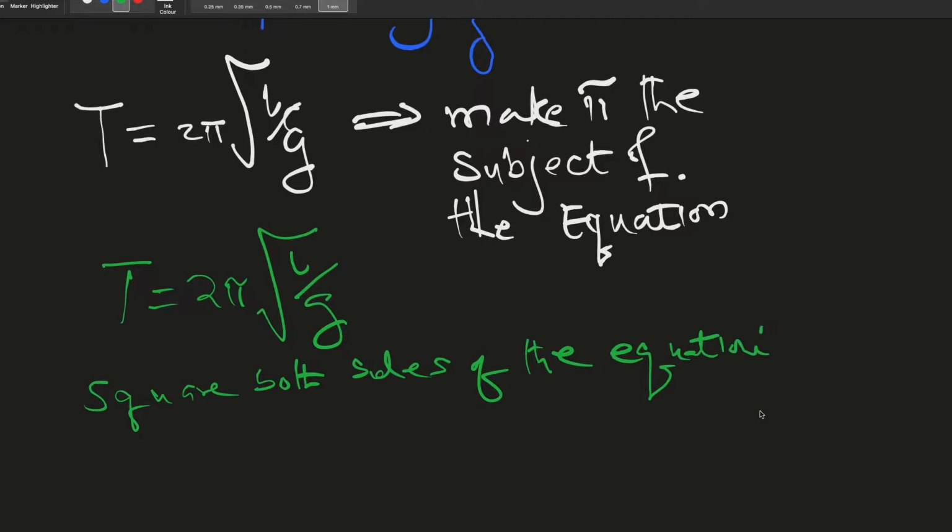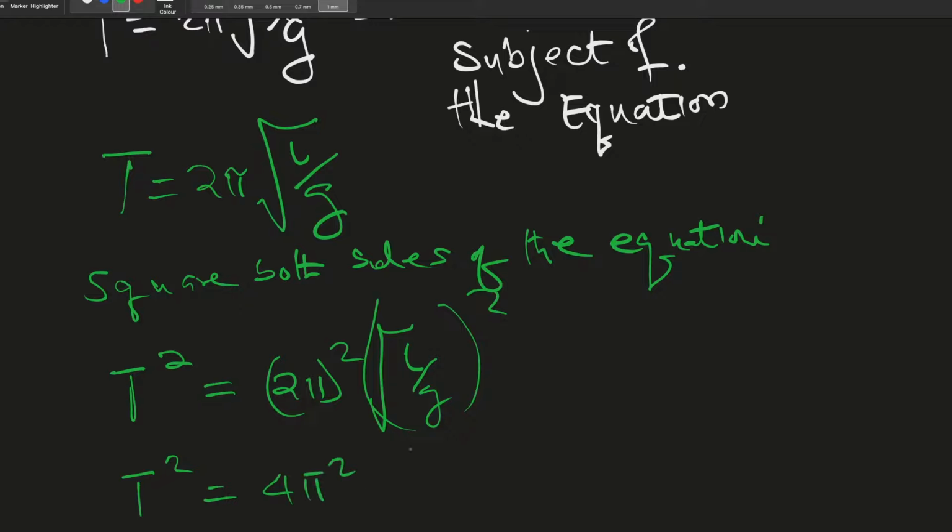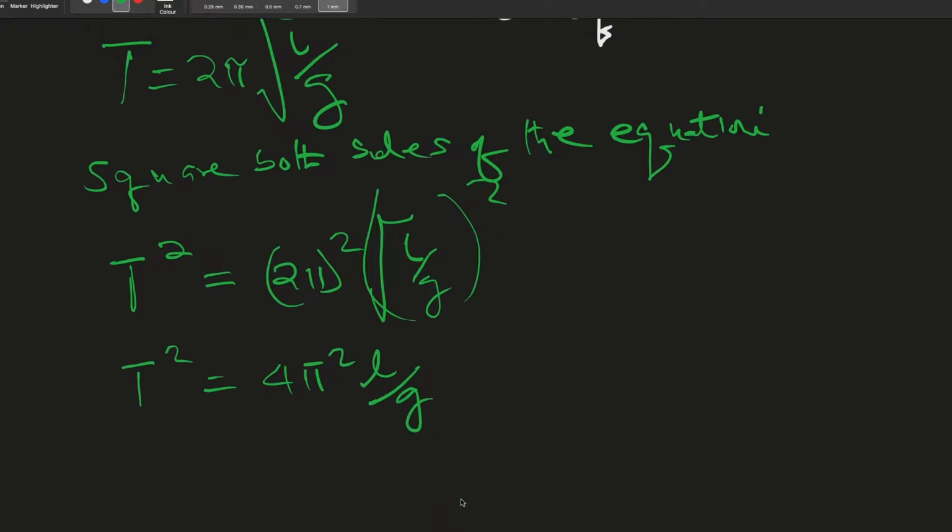When we do that, we're going to square the T, we're going to square 2 pi, then we're going to square the square root of L over G. So we have T squared equals 4 pi squared, and when we square this one, we have L over G. So that is the equation.